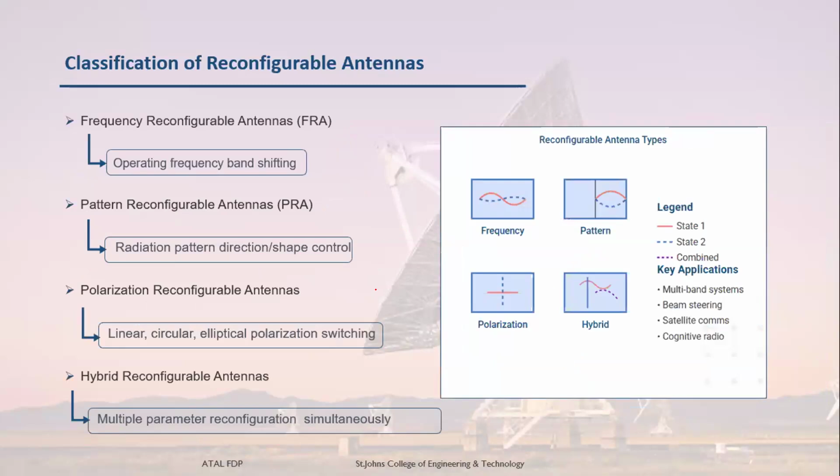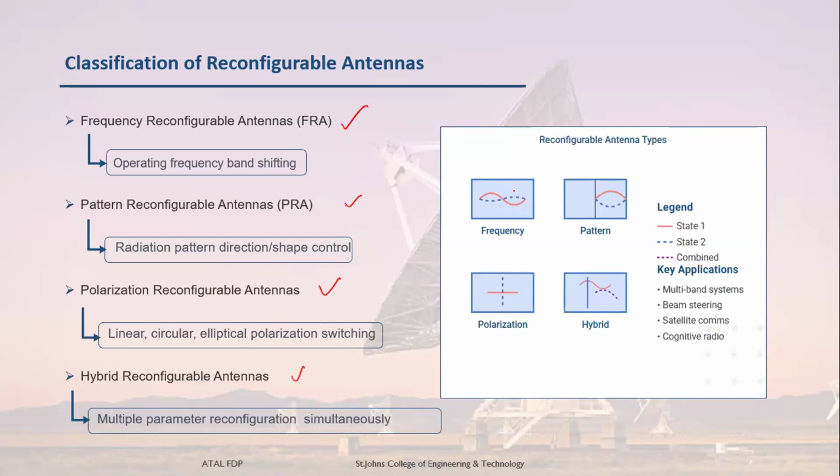Now, based on these things, reconfigurable antennas are broadly classified into 4 categories: frequency reconfigurable antennas, pattern reconfigurable antennas, polarization reconfigurable antennas, and hybrid reconfigurable antennas, where all these things are combined. Multiple parameter reconfiguration simultaneously.